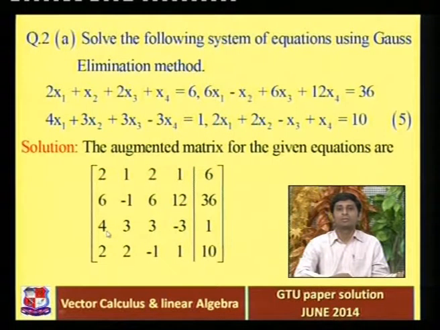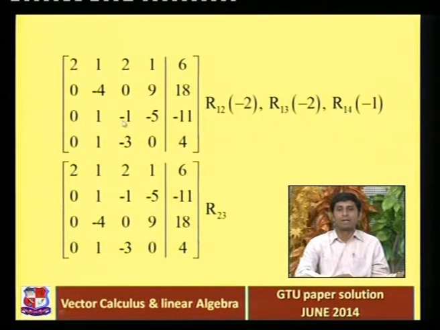So the third row becomes 4 minus 4, 0, then 3 minus 2, 1, then 3 minus 4... Just try to understand, we multiply the first row by -2 and then add it to the third row. So now our third row becomes 4 minus 4, 0, then 3 minus 2, 1, then -1, and then -3 minus 2, that is -5, and then 1 minus 12, that is -11. So now this is our third row: 0 1 -1 -5 -11.